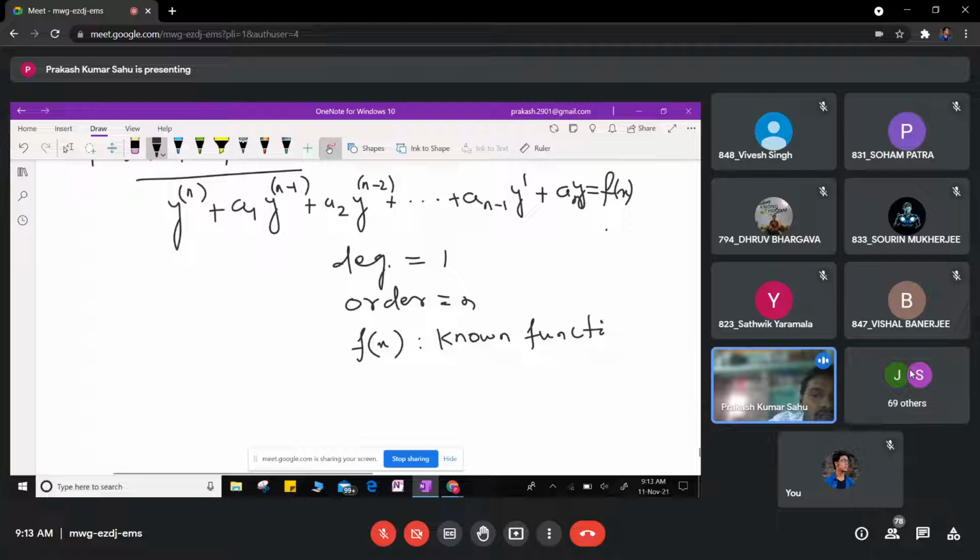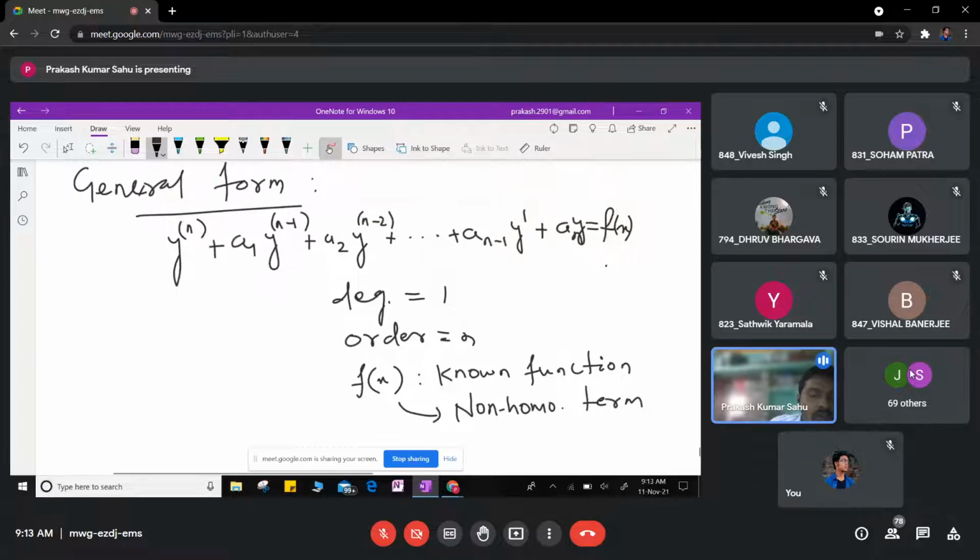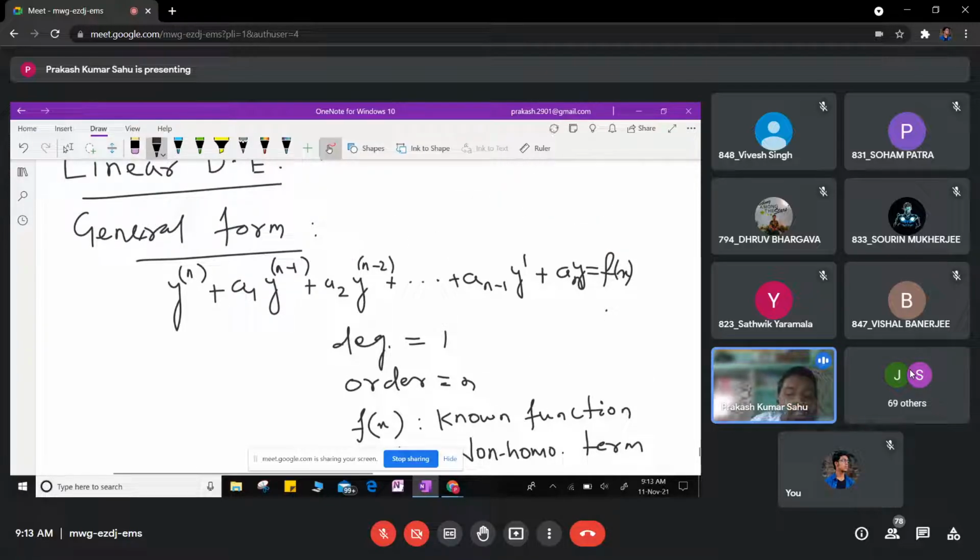This f of x is called the non-homogeneous term. If f of x is equal to 0, then it is called a homogeneous differential equation, and if f of x is not equal to 0, then it is called a non-homogeneous differential equation. तो f of x रहेगा तो ये नॉन होमोजेनियस होगा, और यहाँ पे f of x 0 हो जाएगा तो this is a homogeneous linear differential equation.